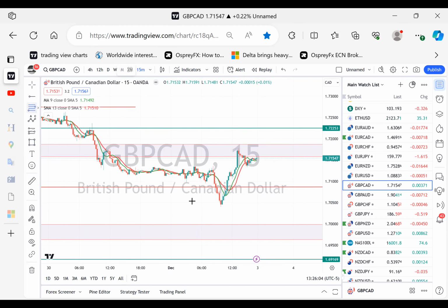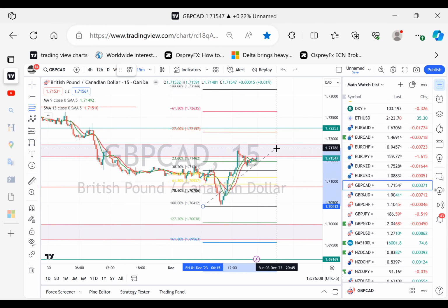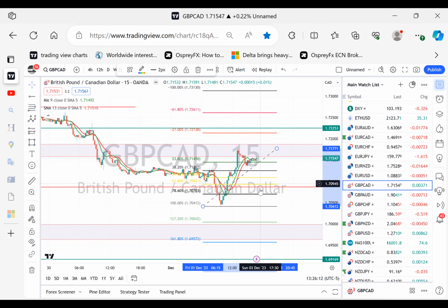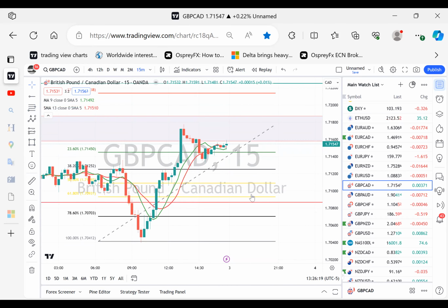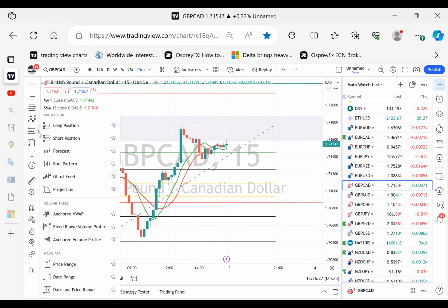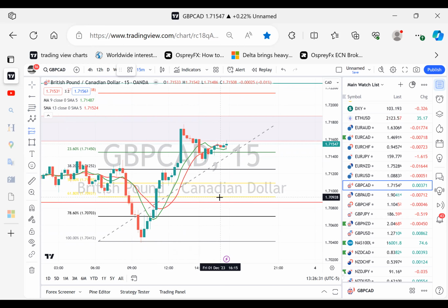Let me grab the right tool here. If you just wanted to trade this on the 15-minute chart, you can set your fib up, wait till price comes down into your discount, right? And remember, locate the imbalance. Here's your imbalance. So this is a high likelihood of where your trade is going to start from.